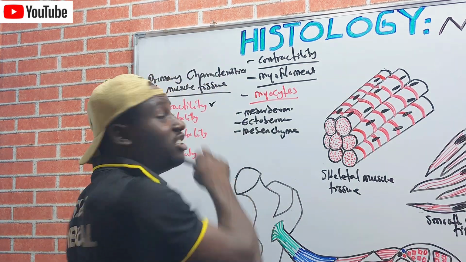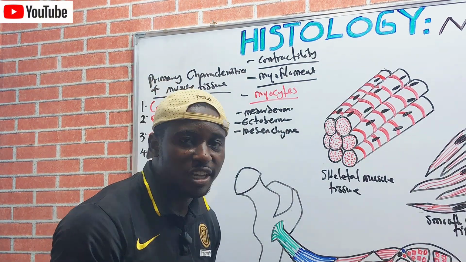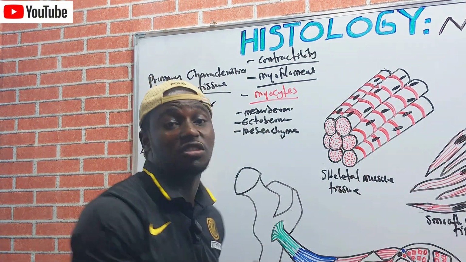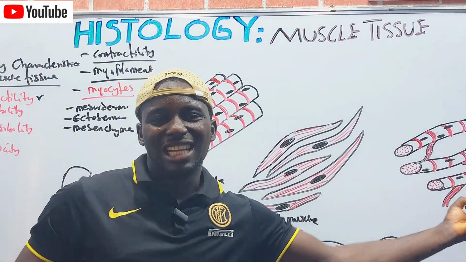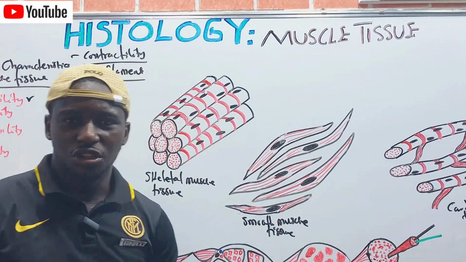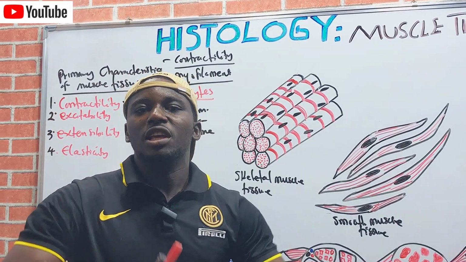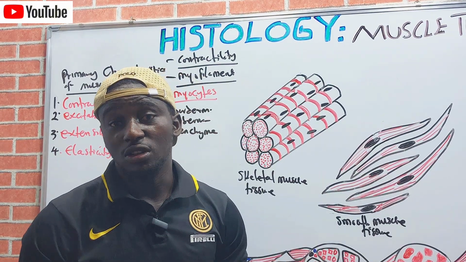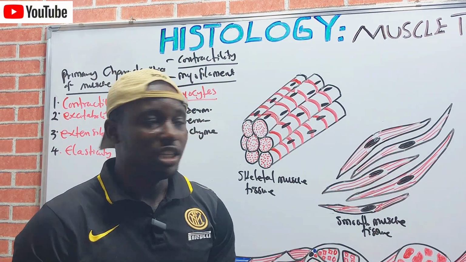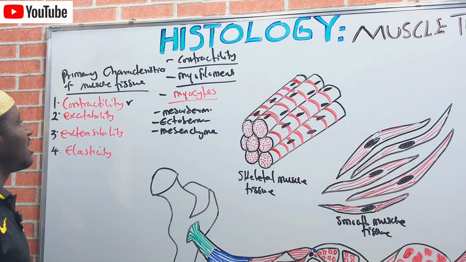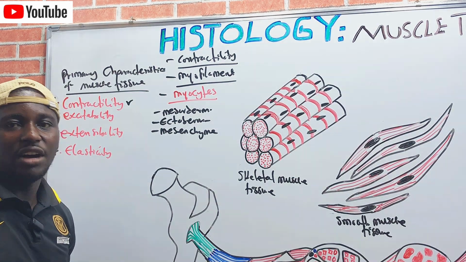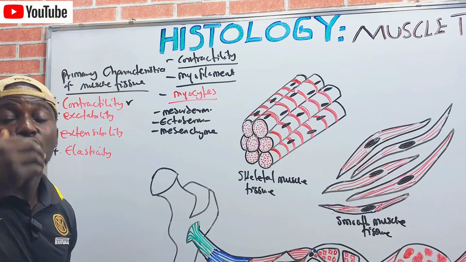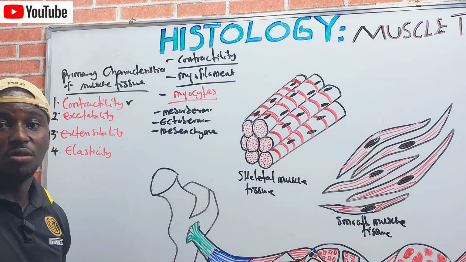So contractility is the universal muscle cell property because all the muscles must contract, be it skeletal muscle, smooth muscle, or cardiac muscle. They must undergo contraction because they have the protein myofilaments, which are known as the what? The actin and the myosin.